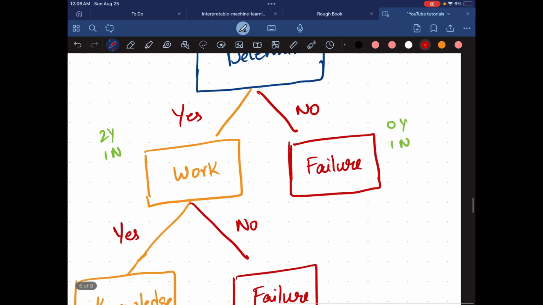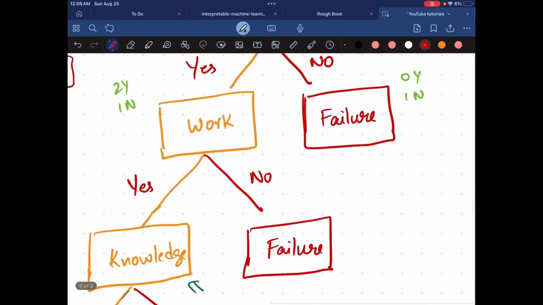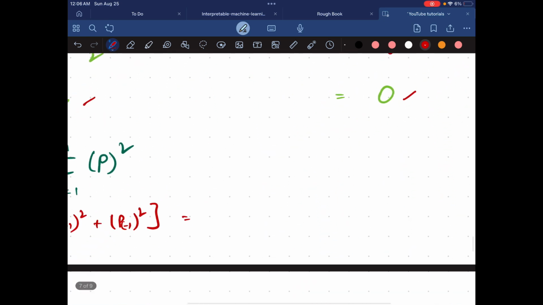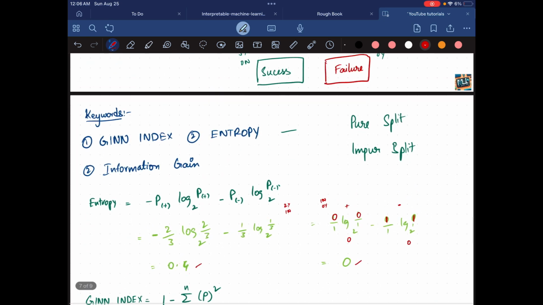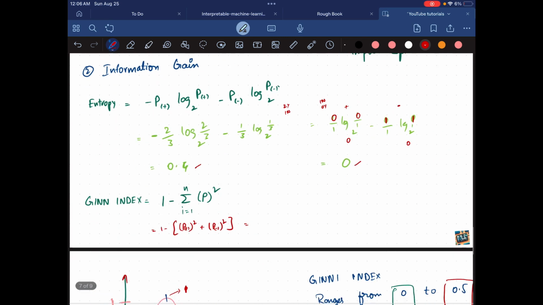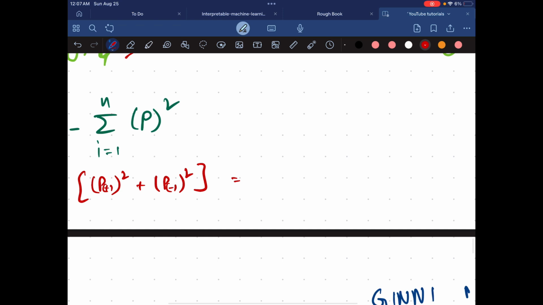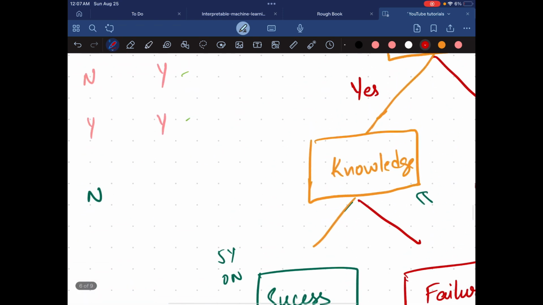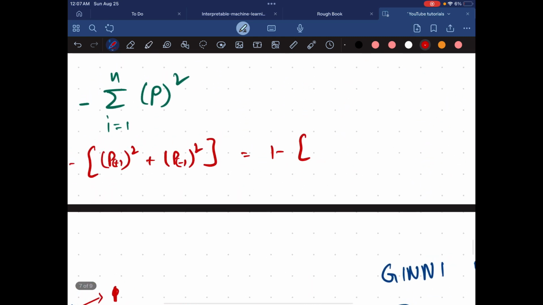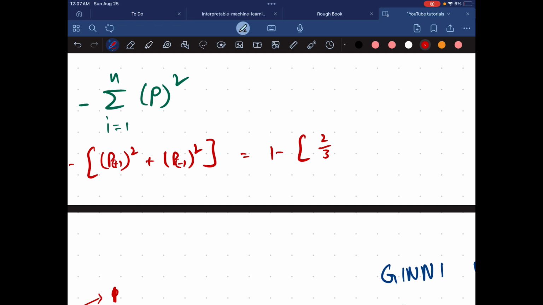Here you get the probability of positives in this split as 2 by 3 whole square plus 1 by 3 whole square.